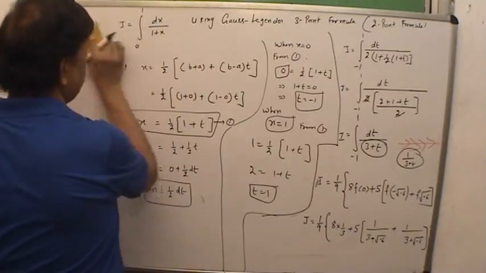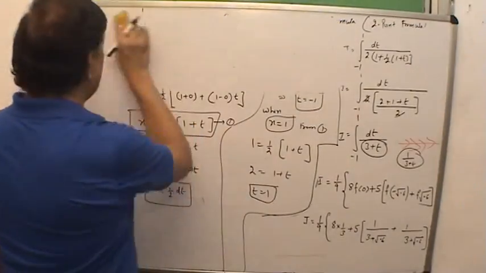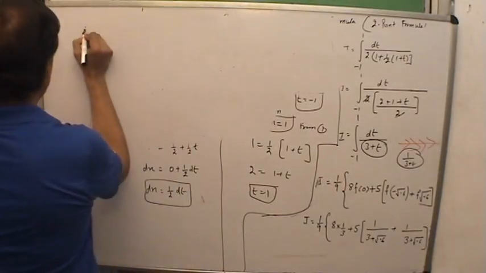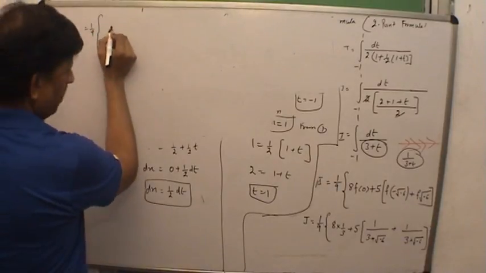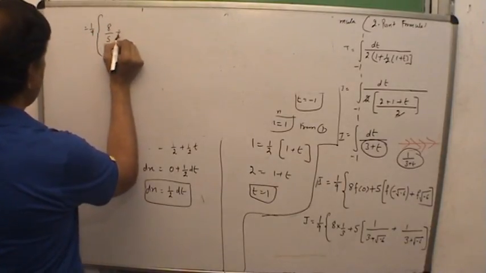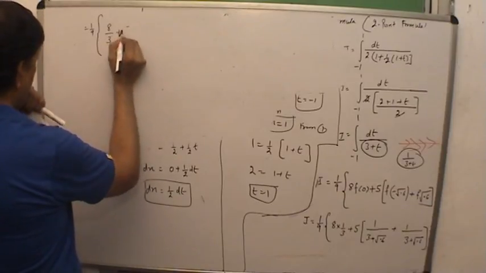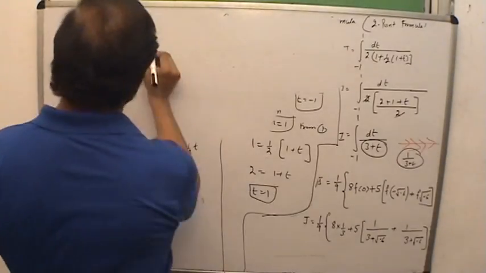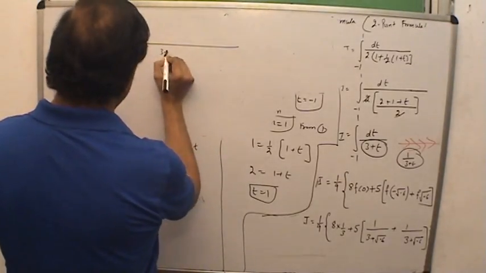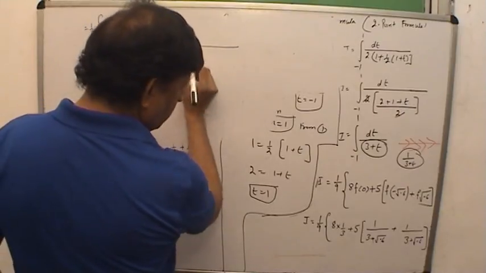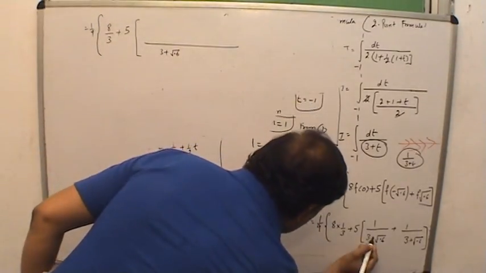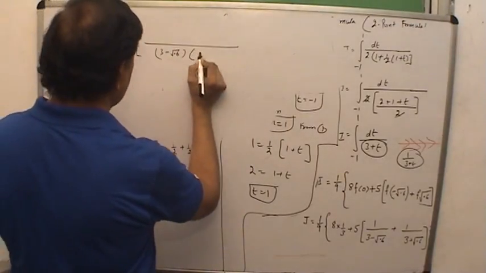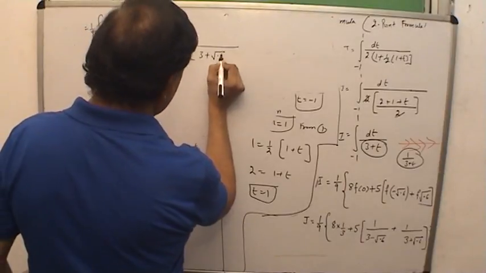Now we can calculate it. Simple arithmetic problem now. That is equal to 1 by 9, that is 8 by 3 plus 5 times, we can take here LCM, 3 minus root 0.6 into 3 plus under root 0.6.